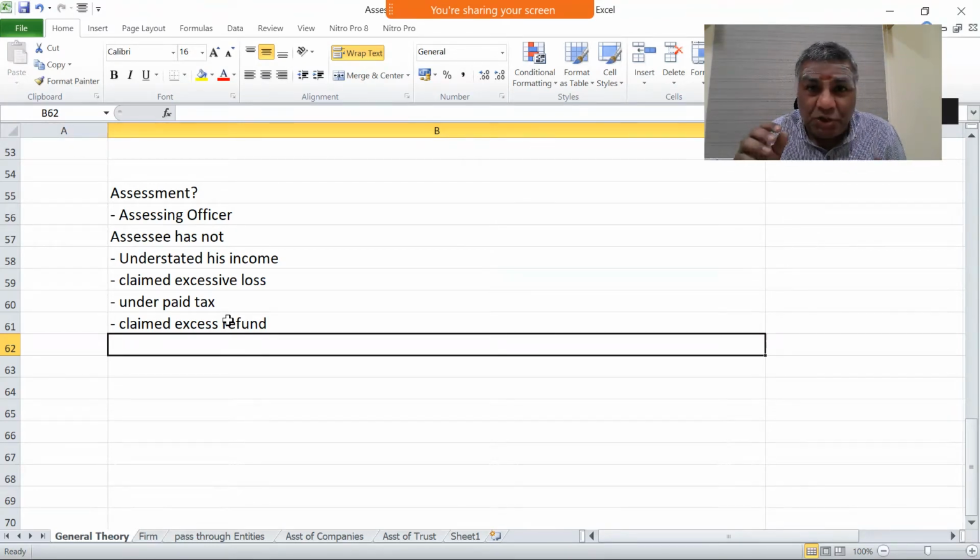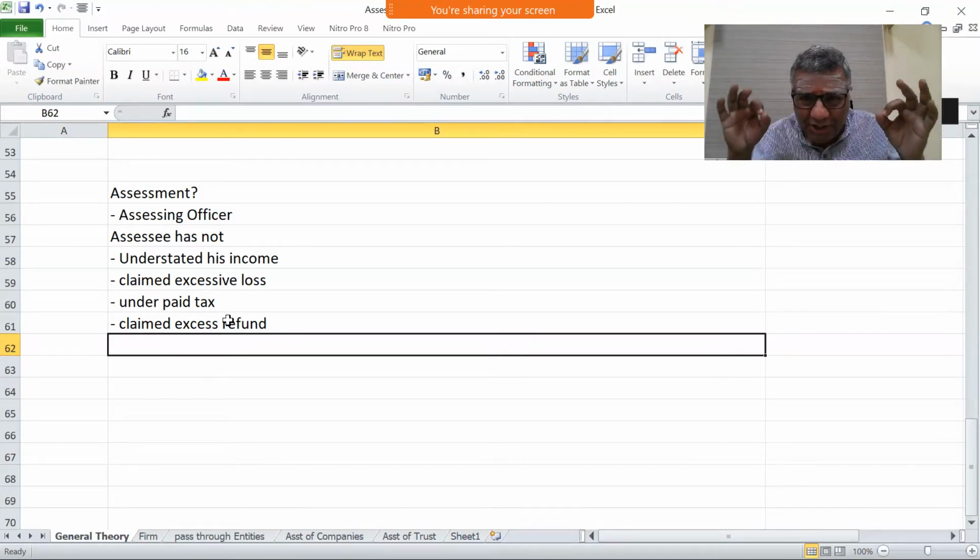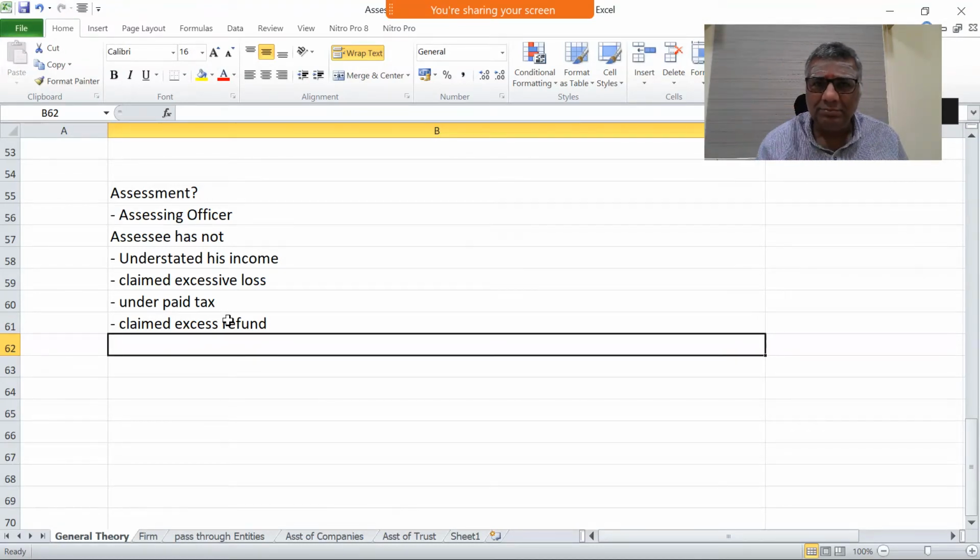Remember, his job is not to work for you. His job is to work for the department. He will not come and say, you have paid more taxes, why are you doing so? His job is to ensure that you have not understated your income or claimed excessive losses, or underpaid your taxes or claimed an unfair refund.